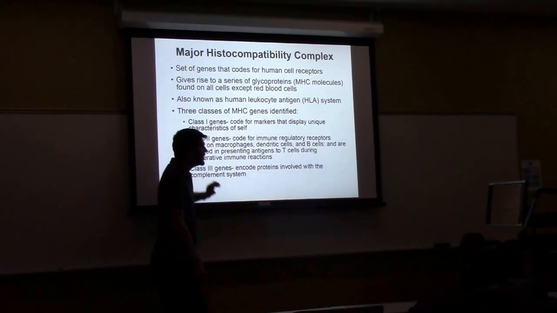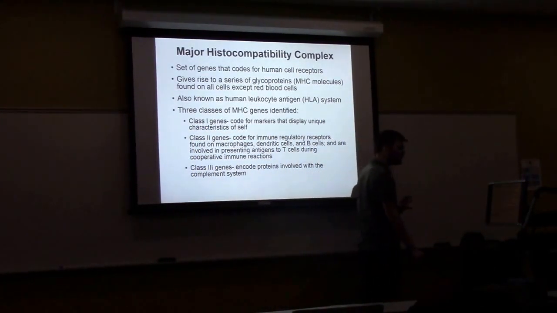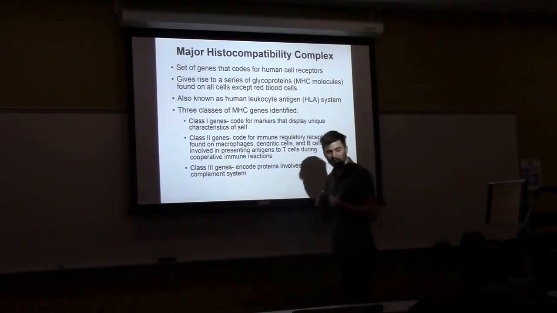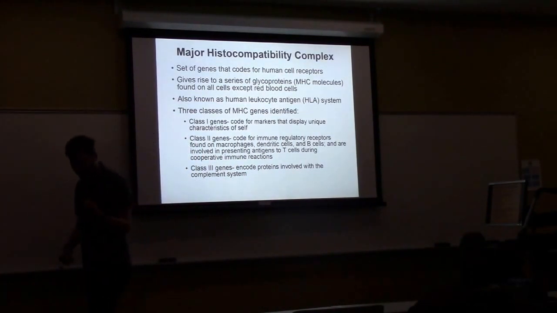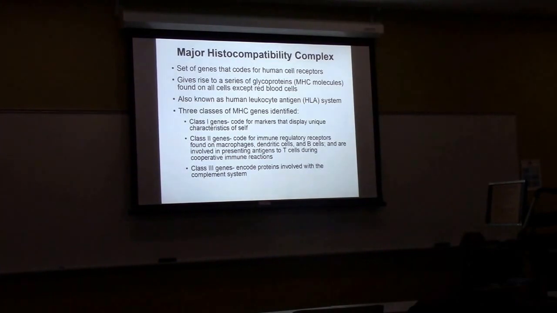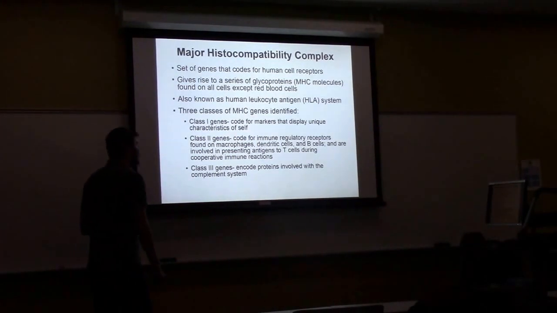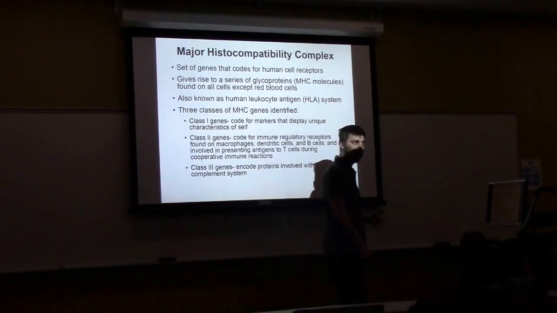This molecule is designed to present or show antigen to T cells from internal, or intracellular, pathogens. So things like viruses, intracellular bacteria, or even cancer cells or abnormal growth. And that's why you find it on all nucleated cells, because these are the cells that are susceptible to these types of infections and abnormal growths.